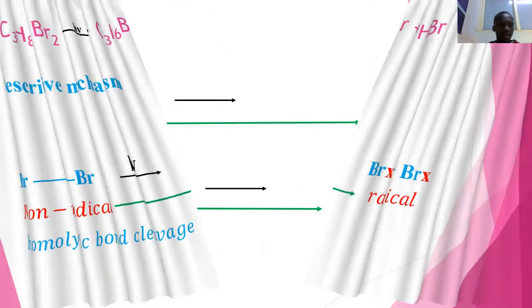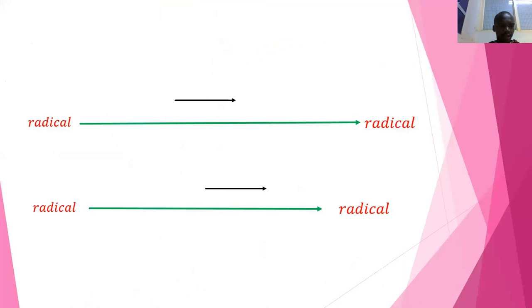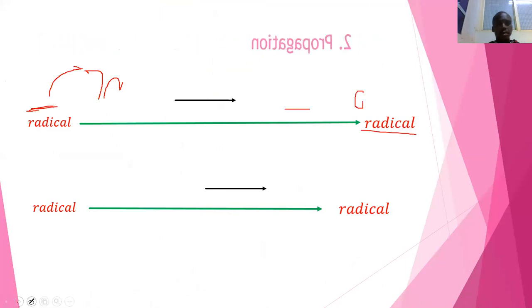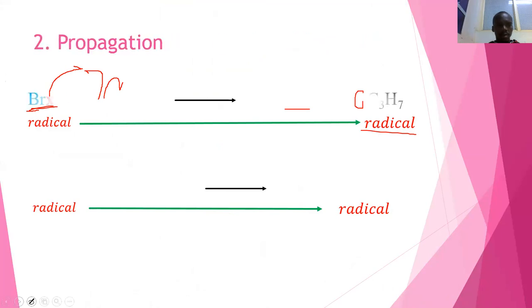It's called the propyl radical. So you can see this one reacts with that to form hydrogen bromide, and there is also a free electron which will now give us the radical known as the propyl radical.